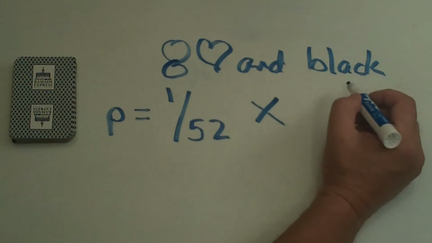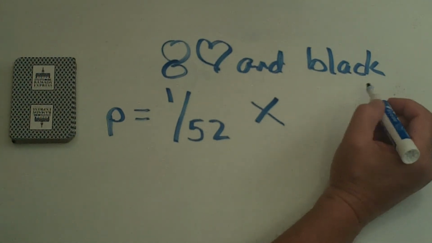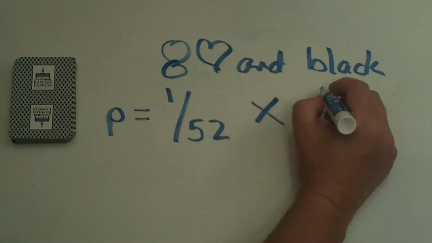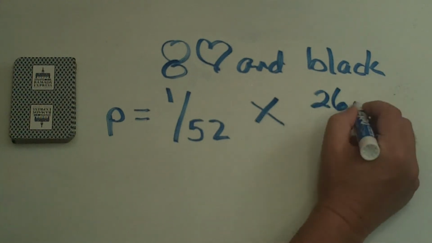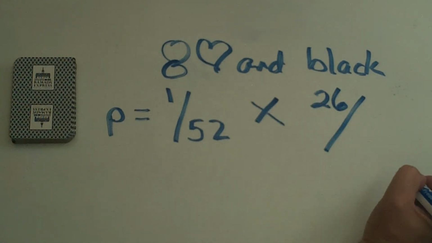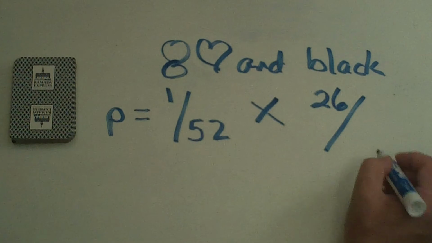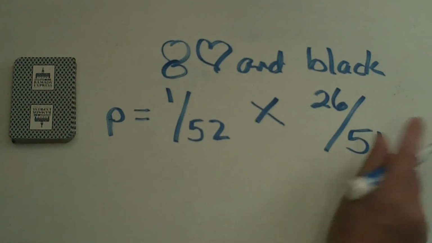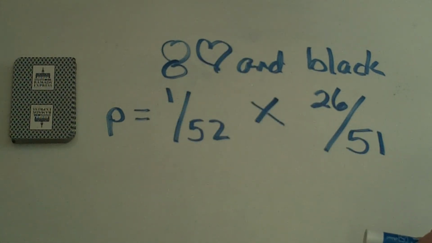The probability of getting a black card, okay, this is red. That means that there's 26 black cards that will remain in the deck. But there will only be 51 cards in the deck because I've got one card sitting out.